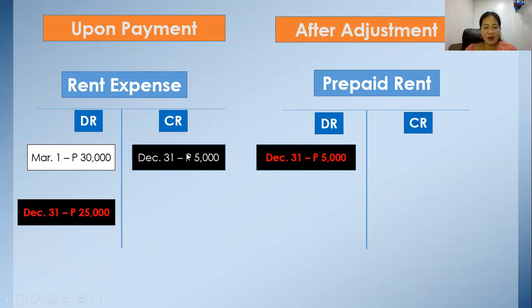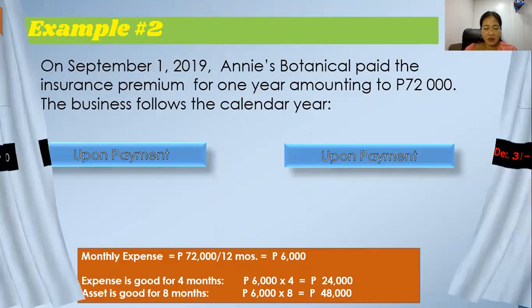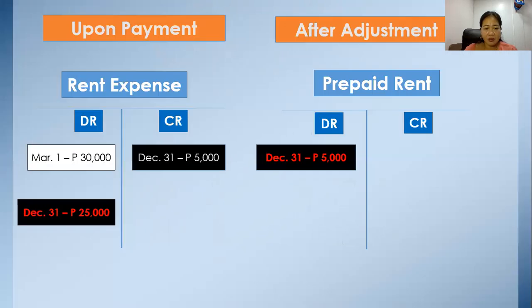So at the end of the period, what will happen? Your rent expense now will have a balance of 25,000 that is good for 10 months, and your prepaid rent will have a balance of 5,000 and that is good for 2 months.